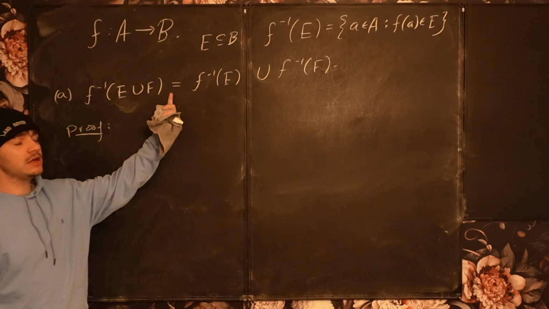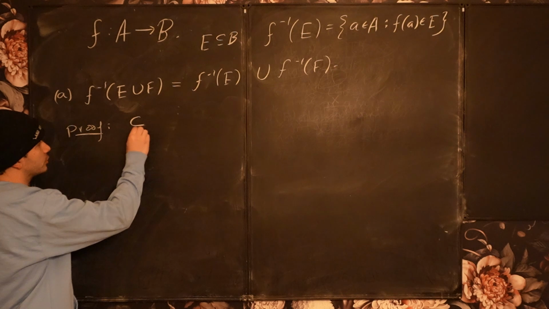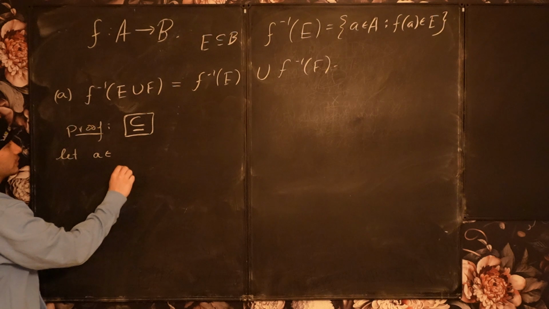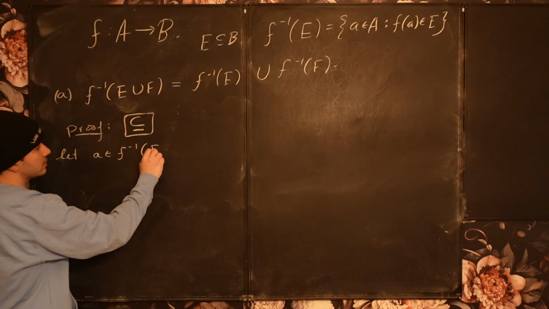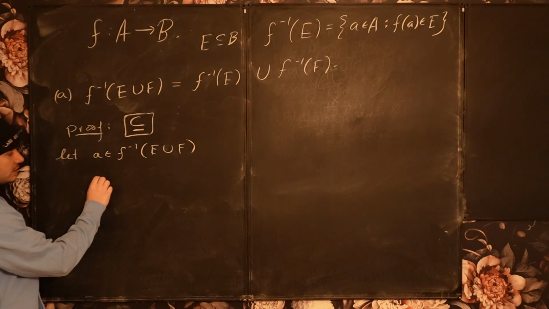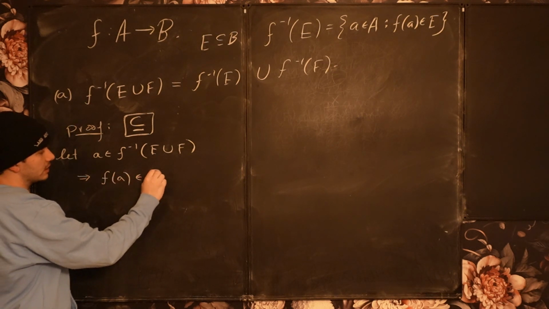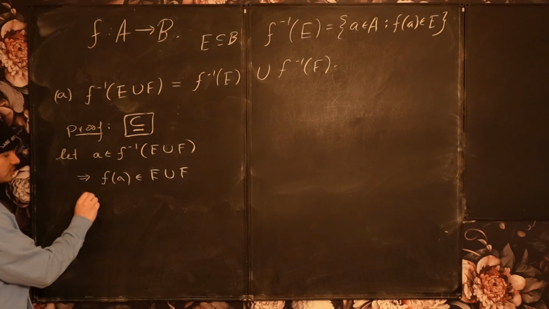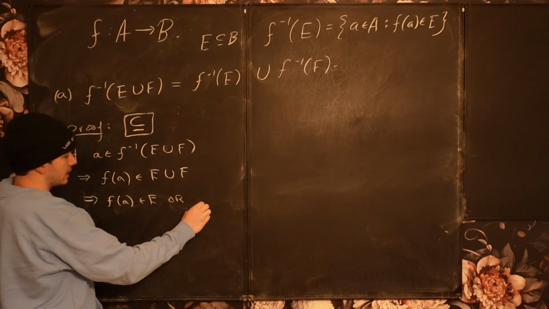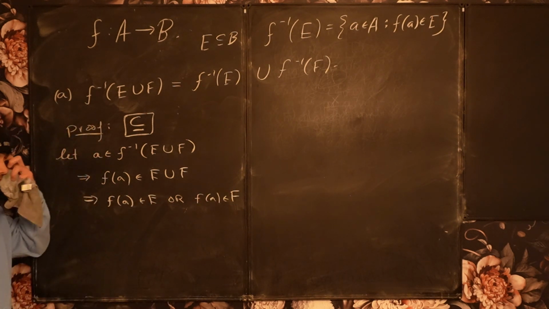So to show that these sets are equal, we need to prove both sides of the set theoretic equality. So first, let's prove this direction, okay? Let a belong to F inverse of E union F, okay? Then by definition, we know that F of a must belong to E union F, which tells me that F of a is in E or F of a is in F by definition of the union, okay?